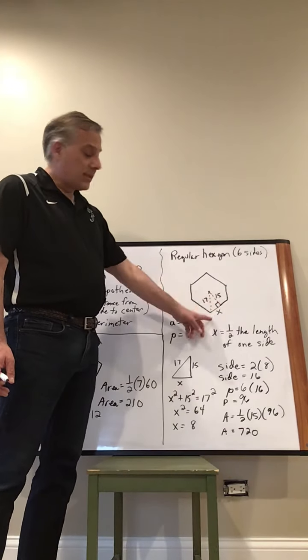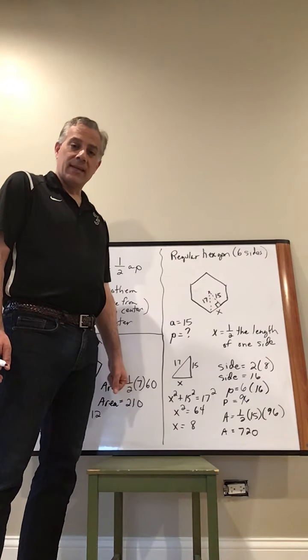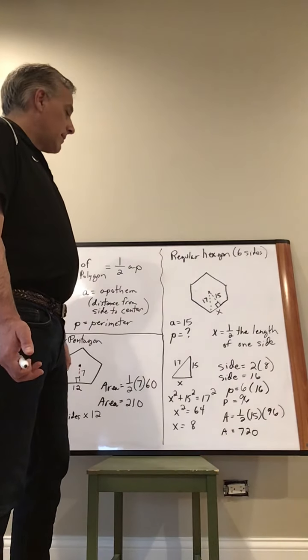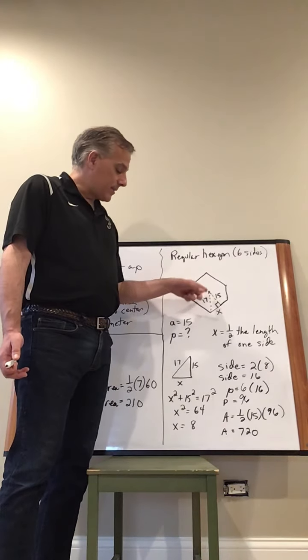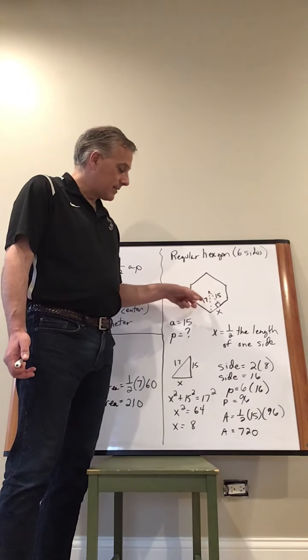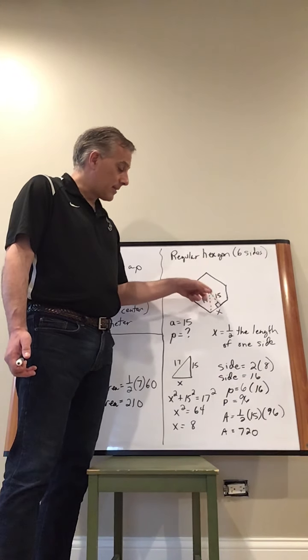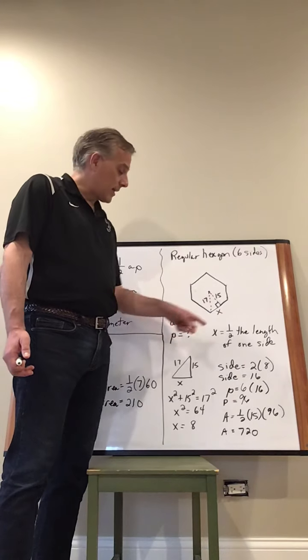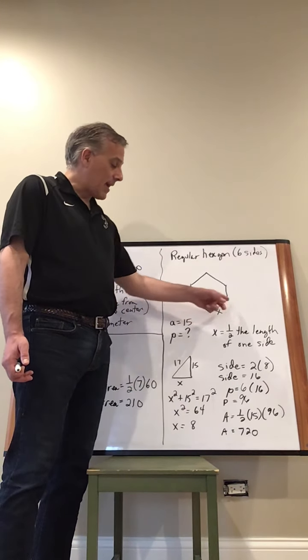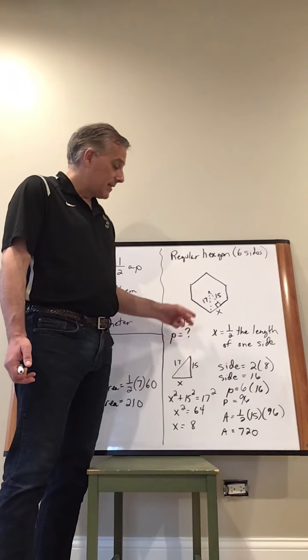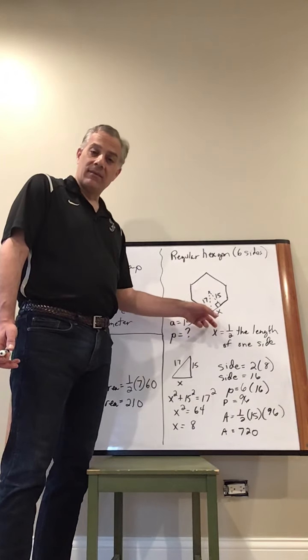We don't know the length of the sides. Well, I know that 17 is the hypotenuse of this triangle here, and the apothem is one side of that right triangle. Then this value x, which is half of the length of a side, is the other side of the right triangle.